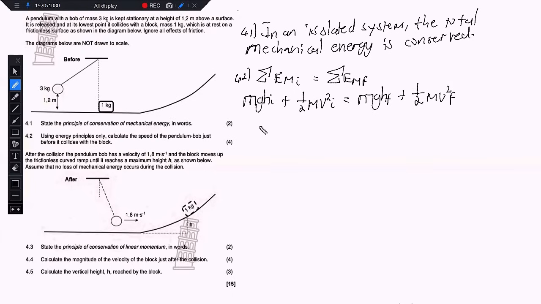Now, what is our mass? 3 kg. So we have 3 times 9.8. And then our height initially of the pendulum bob is 1.2. So they said it was kept stationary at a height of 1.2. Then plus half, our mass is 3 again. But then initial velocity, it was kept stationary. So it has to be 0.